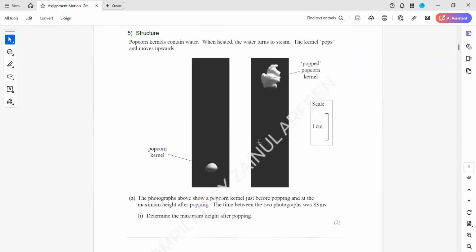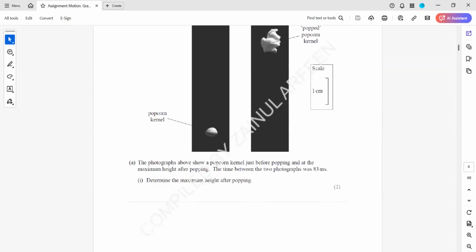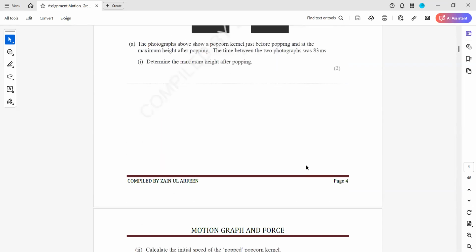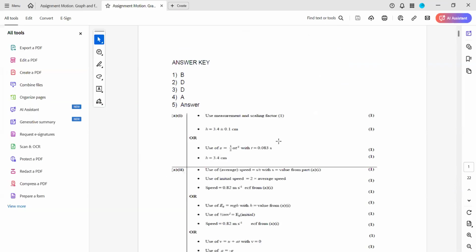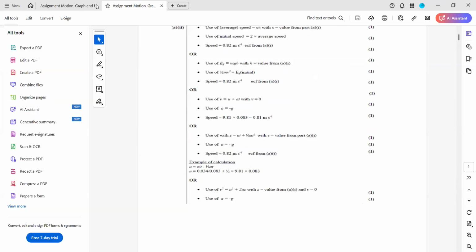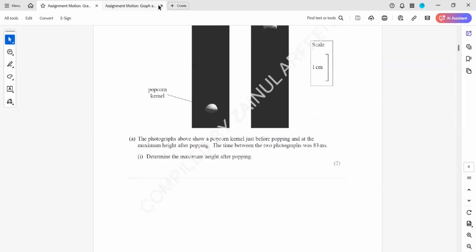Page 3, any doubt? Sorry, page 4, any doubt? No doubt, page 4. Page 5, part 2, okay.